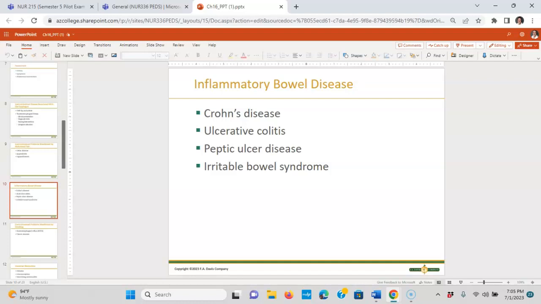Peptic ulcer. So some of the forms of stool that you need to know, like if stool is black, it's usually a requirement that you test it for blood because it's probably old blood. If blood is in the stool, it's usually after the digestive system. If there's black stool, it's usually above the digestive system because the blood has been digested. Melena, look it up, a type of stool.